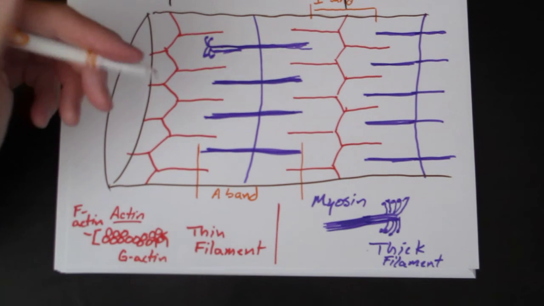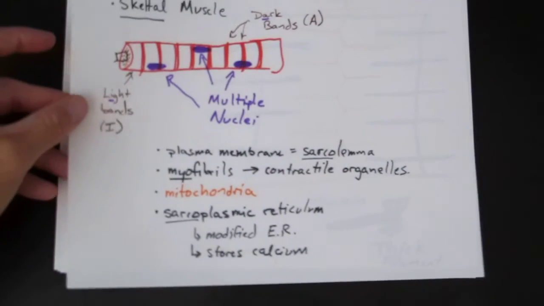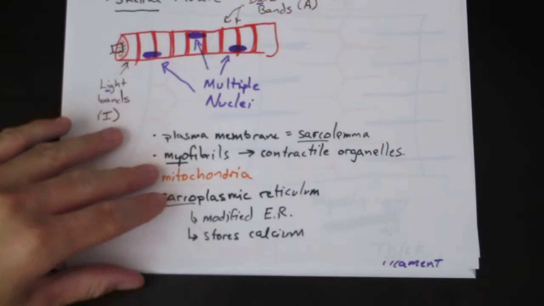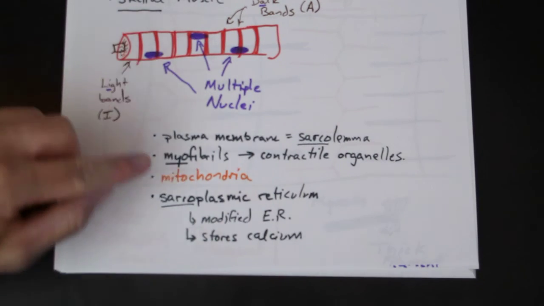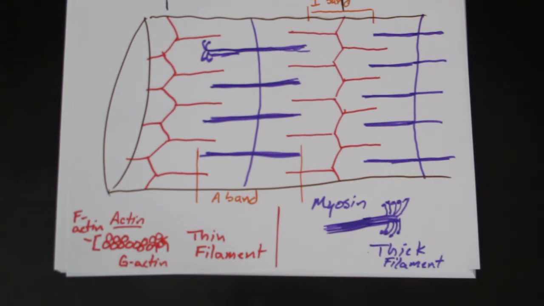Right? So just like with the skeletal muscle fiber that I drew at the beginning of this lecture, just to remind you of that, we saw those alternating light bands and dark bands right here. When we look at one of the individual myofibrils, we see those alternating light and dark bands, right?